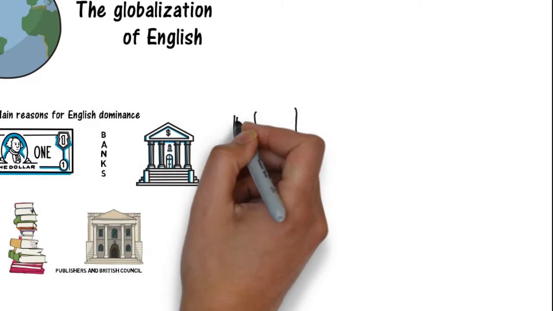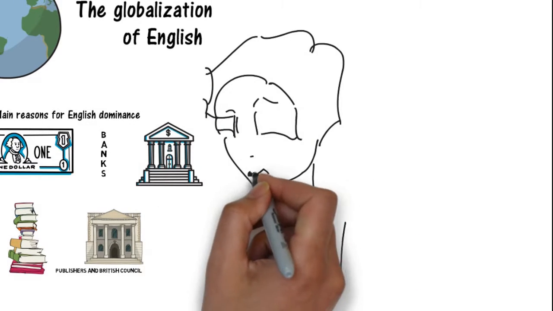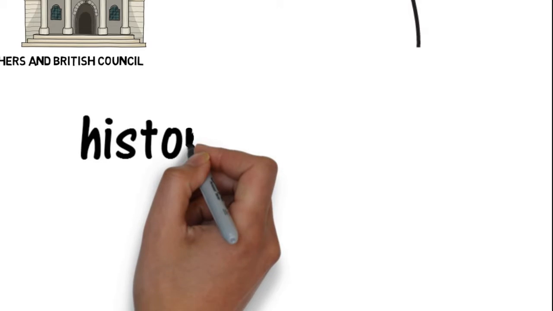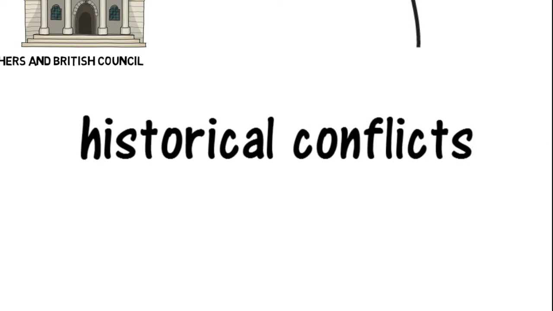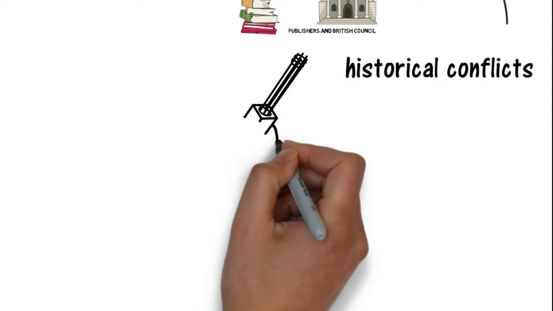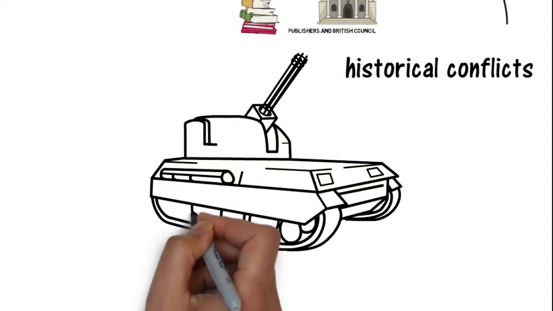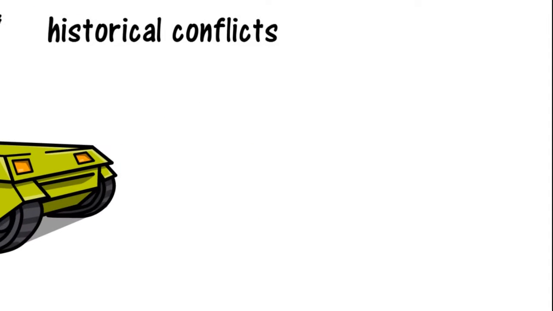David Crystal referred to the globalization of English, but his main weakness was that he avoided talking about the historical conflicts that had a huge influence in the evolution of English and its cultural impact.